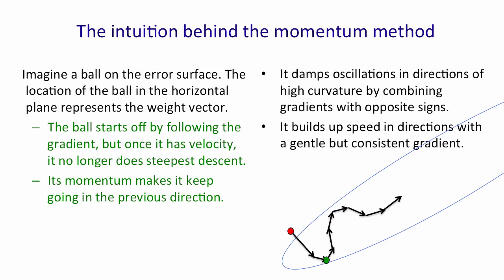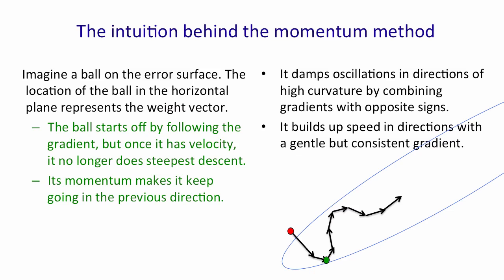What the momentum method does is it damps oscillations in directions of high curvature. So if you look at the red starting point, and then look at the green point we get to after 2 steps, they have gradients that are pretty much equal and opposite. As a result, the gradient across the ravine has cancelled out, but the gradient along the ravine has not cancelled out.